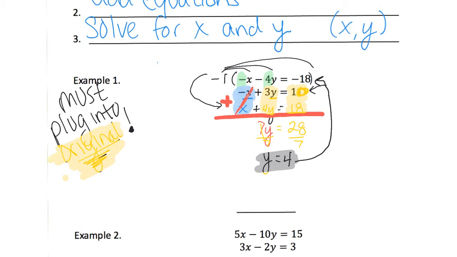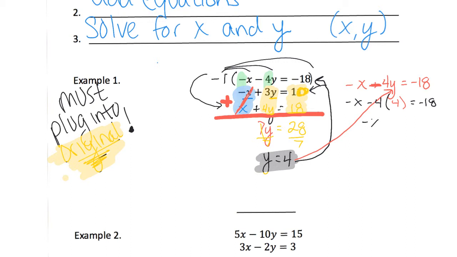It doesn't matter which one. I'm just going to plug it into, let's just say, the top one. So we have negative x minus 4y equals negative 18. We're plugging this y equals 4 into our original equation. So I have negative x minus 4 times 4 equals negative 18.